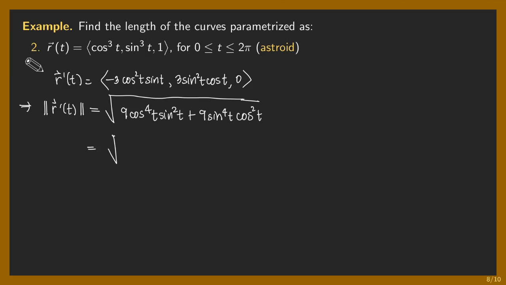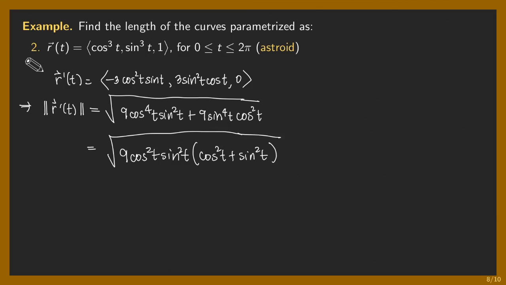That's the square root of, I can factor out 9 cosine squared t sine squared t just like before, no? And then what remains here is cosine squared t plus sine squared t. That's 1, so that's 3 absolute value of cosine t sine t.